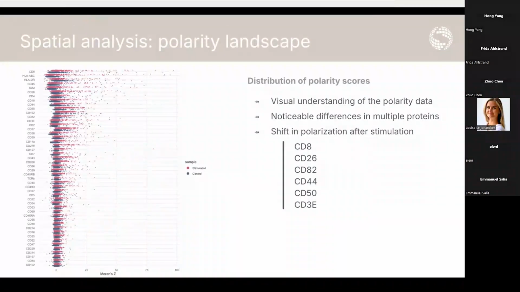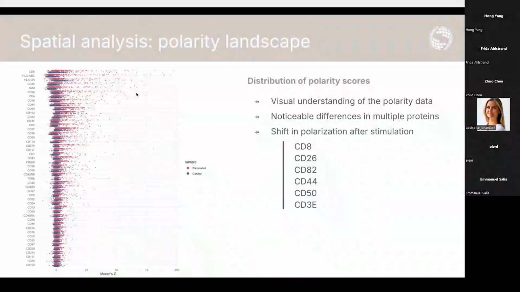The first step of the analysis will be to perform some sort of data exploration. In this case, since we're just working with the polarity scores of 80 proteins, we can visualize basically everything and try to visually inspect and spot any differences that stand out. In this case, we already can notice these differences.